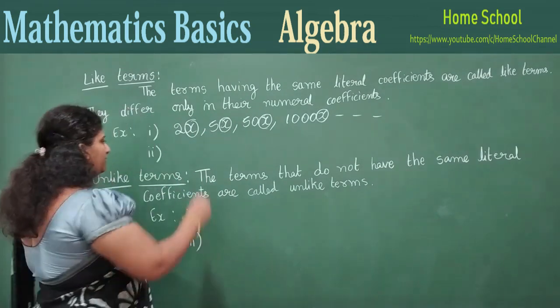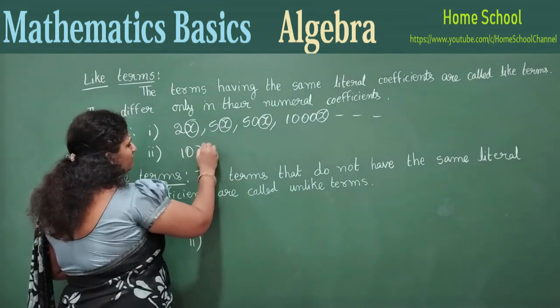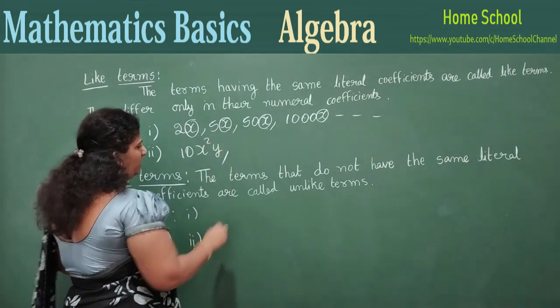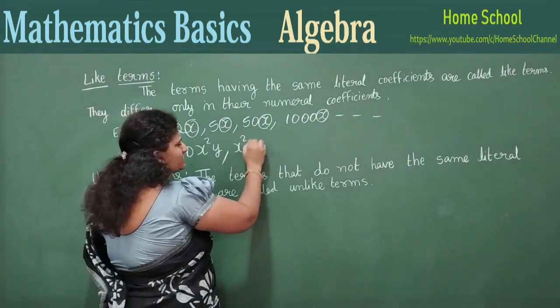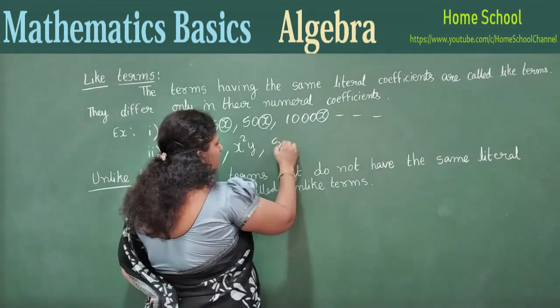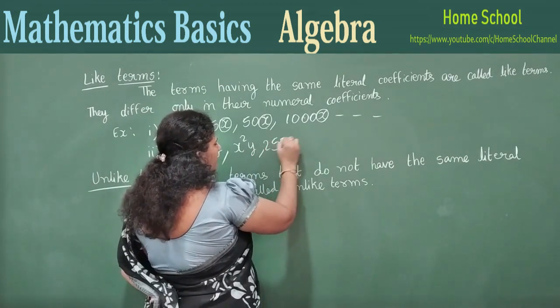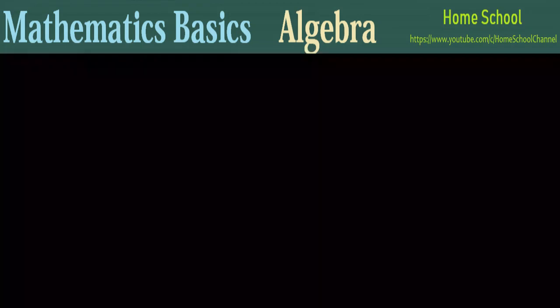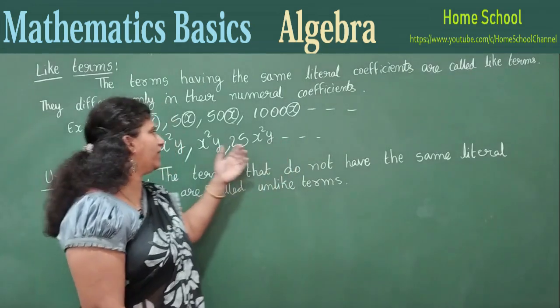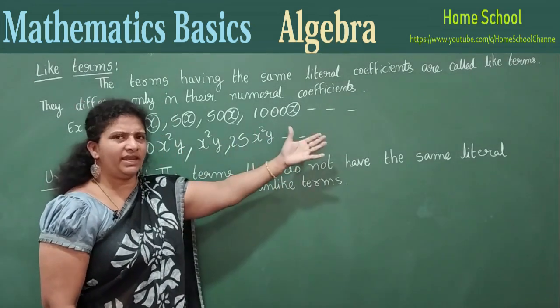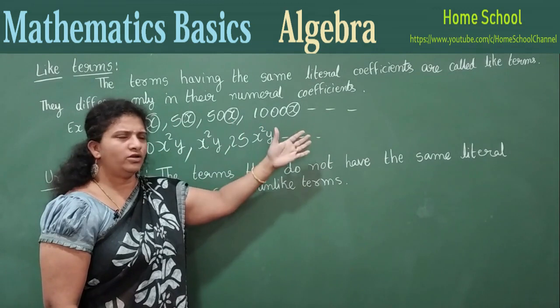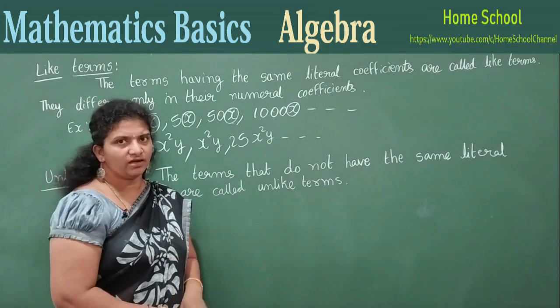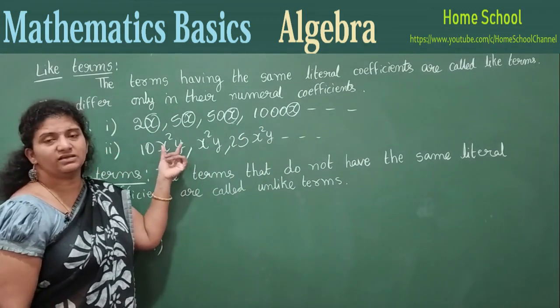One more example: 10x square y, x square y, and 25x square y, and so on. Maybe there are many terms, or we can stop the terms here. Look here, what happens?